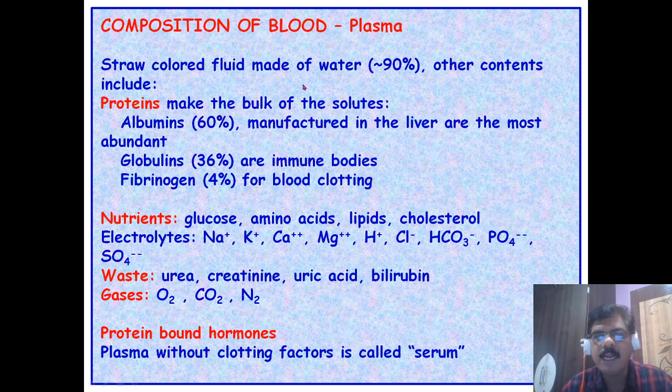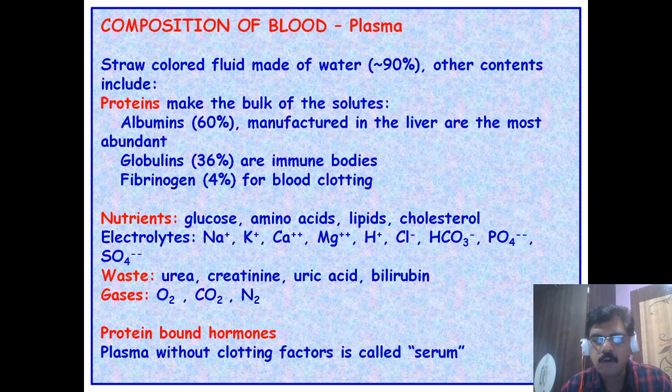It is a straw colored fluid made up of water. Approximately 90% of the plasma is water. The other components we have already discussed: the major one is albumin, which is manufactured in the liver. Then globulin, 36%, are the immune bodies, and fibrinogen, 4%, is utilized for blood coagulation. Then in plasma, the nutrients are glucose, amino acids, lipid, cholesterol.